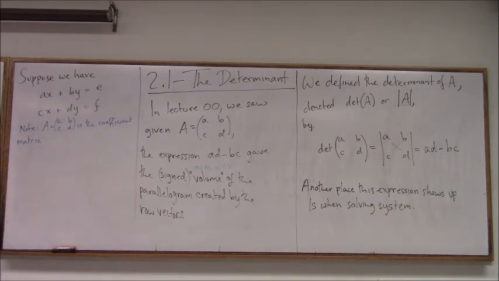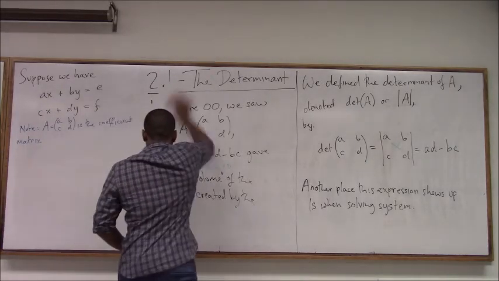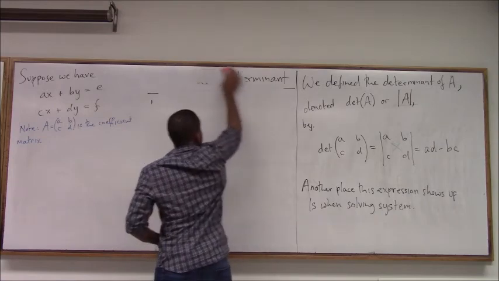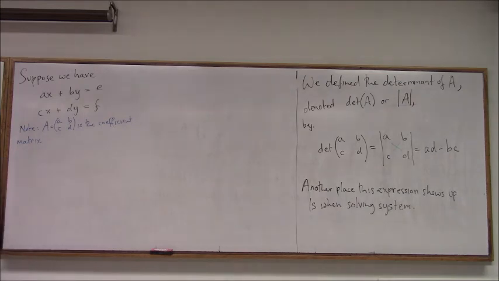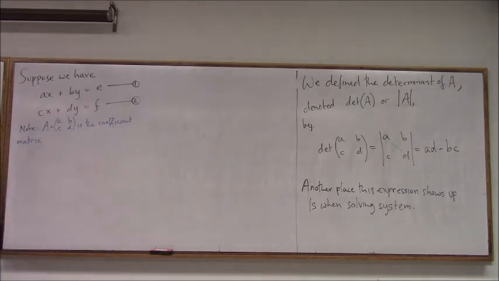Okay, so let's solve this the old-fashioned way, with a sort of elimination to solve for x and y. I'm going to call this equation 1 and that equation 2. Let's eliminate y to solve for x.